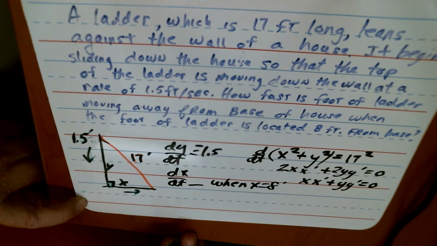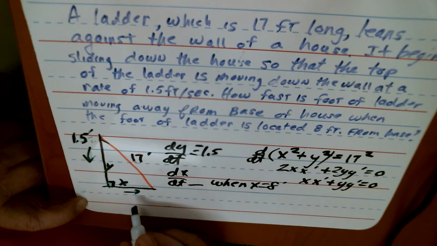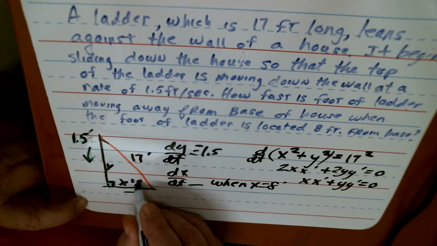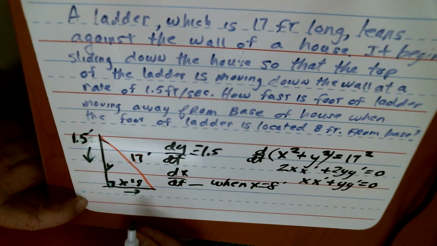Now to find x prime, we need to find out what y is when x is 8. So looking at the right triangle, when x is 8, we have an 8 and a 17 hypotenuse here.